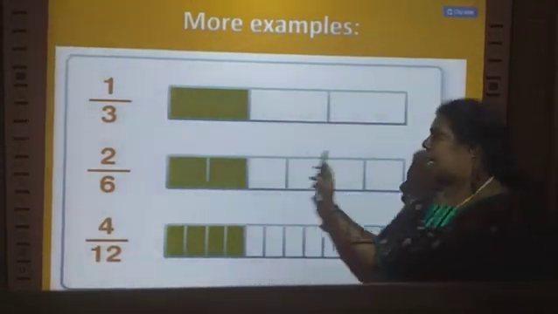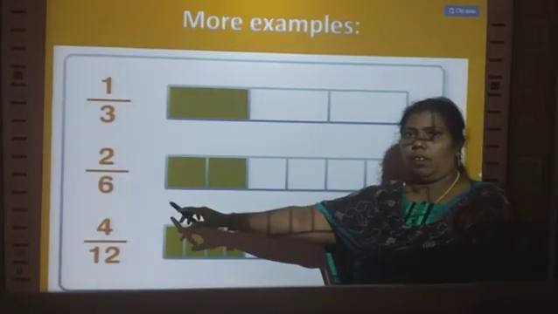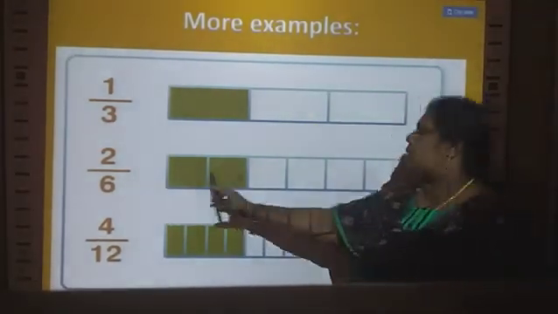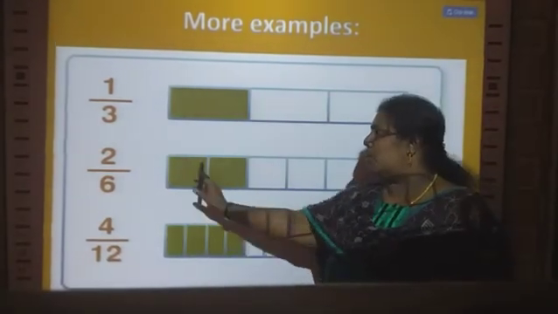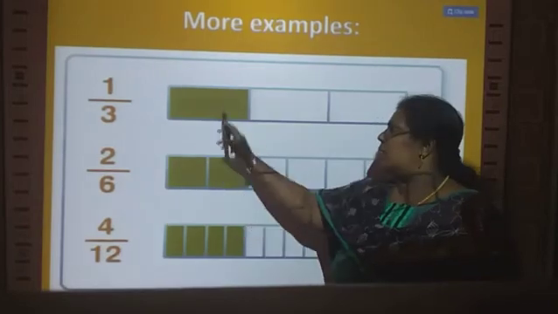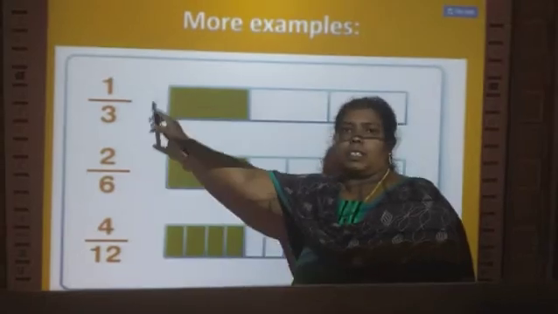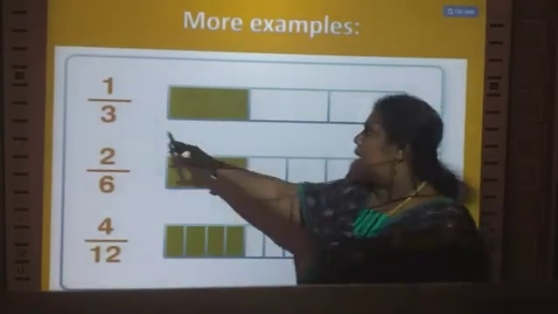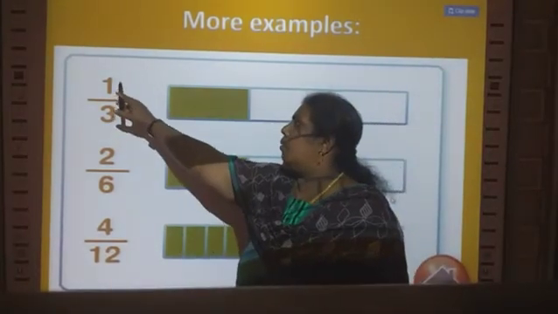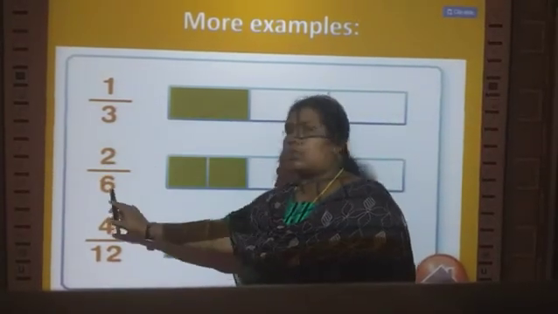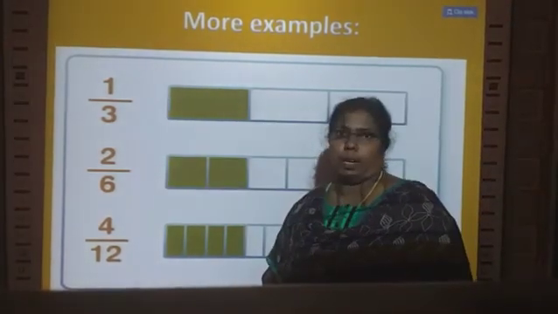But the same rectangle is divided into 6 parts, 1, 2, 3, 4, 5, 6, and 2 parts are shaded. See, these are equal, so these 2 fractions are now equal. Here it is double. If you use the second table, 1 times 2 is 2, 3 times 2 is 6, right? So these 2 fractions are equal fractions.